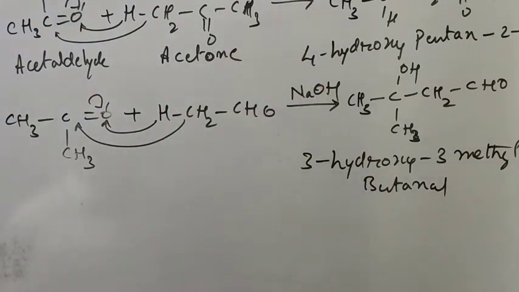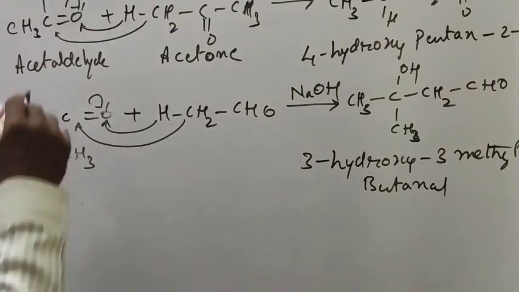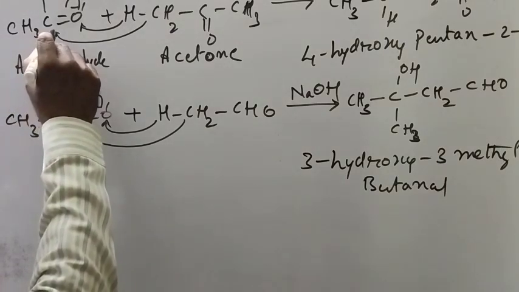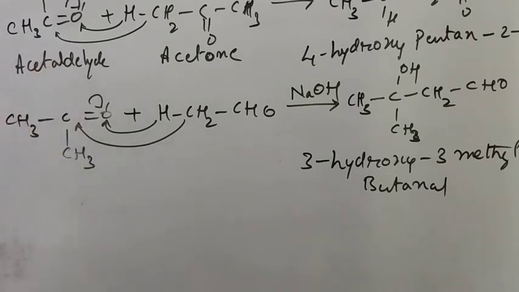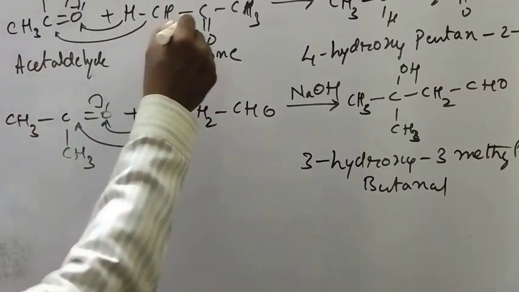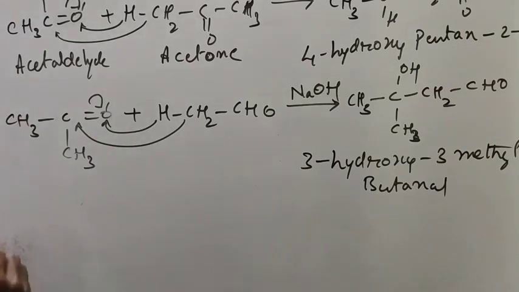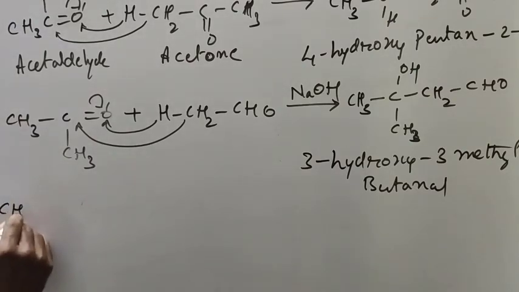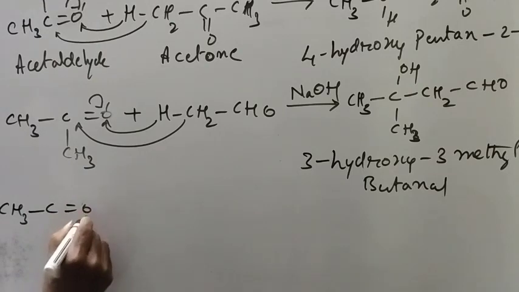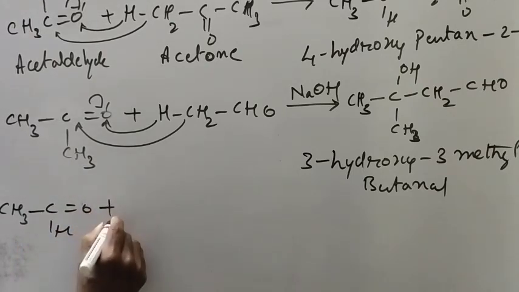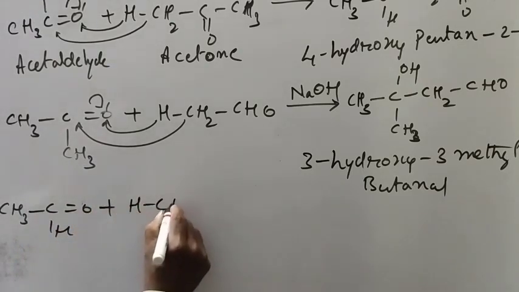So two different substances are found. Now is there any other possibility? There is another possibility also, that is, instead of condensing these two molecules, only 2 molecules of acetaldehyde may undergo condensation and only 2 molecules of acetone can undergo condensation. So under such condition, one more reaction is CH3CHO plus CH2CHO.